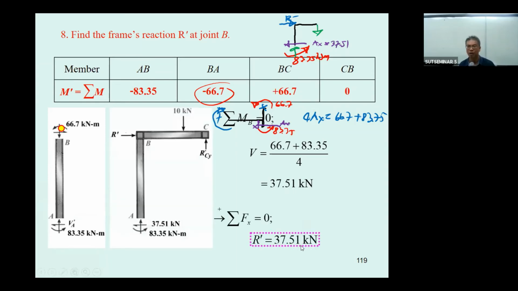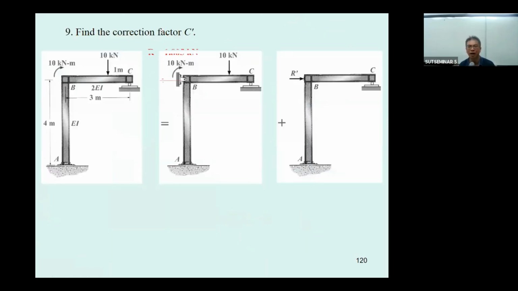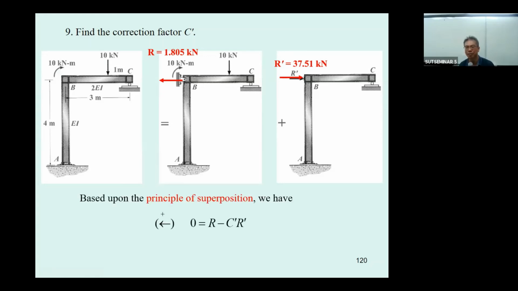So now you have R and you have R prime. Put into the correction factor, and you can see this is 0 equal to 1.805 plus this one must be C prime times 37.51. You put everything together, you get the correction factor of 0.0481.